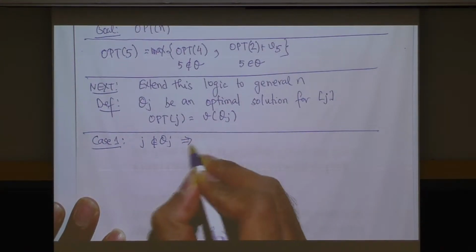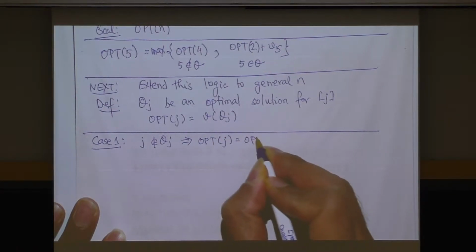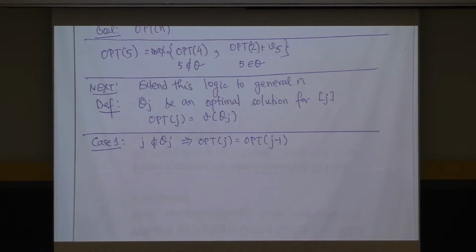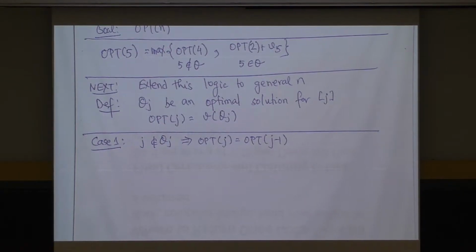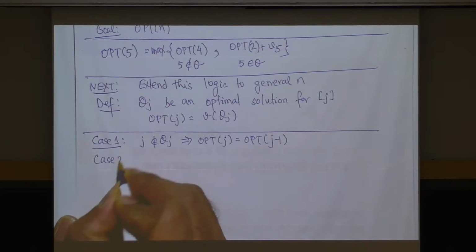So in this case, opt of j is the same as opt of j minus 1. And the argument that I did for j equal to 5 is exactly the same. You just replace 5 by j and 4 by j minus 1, and you'll get exactly this thing. All right, so this was easy enough.